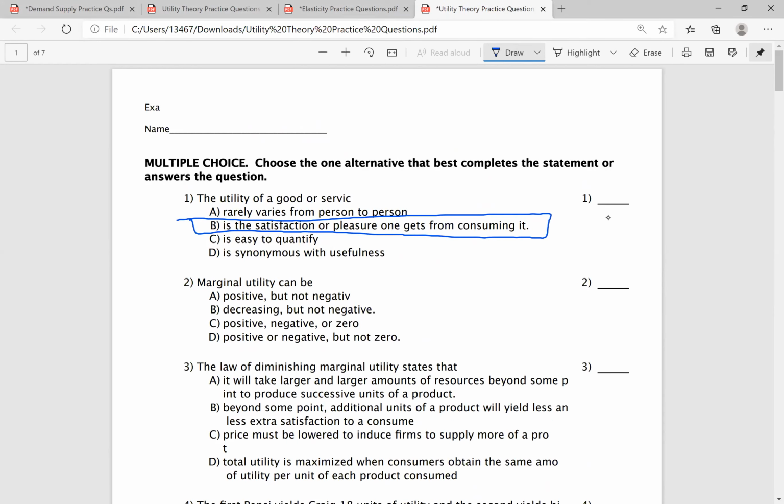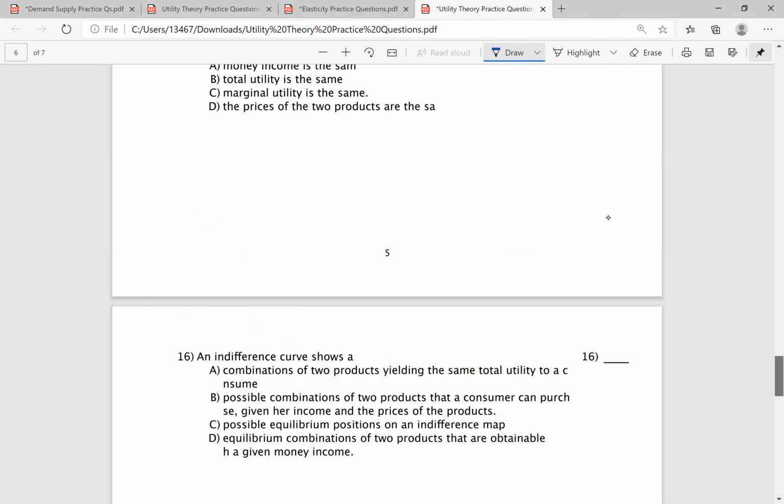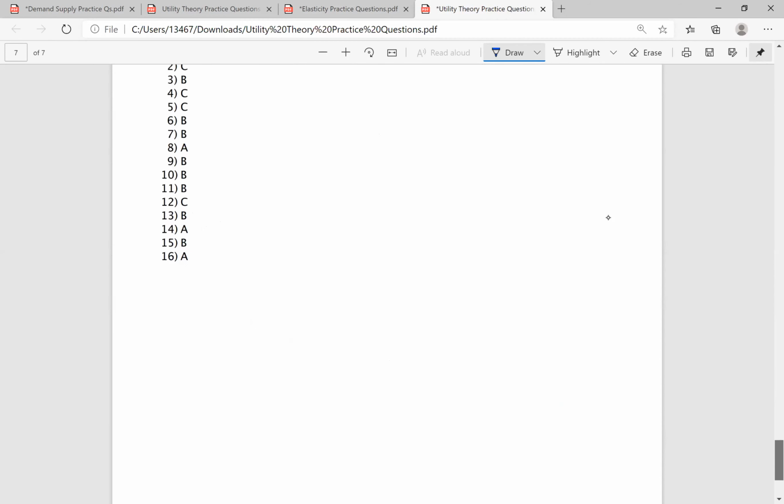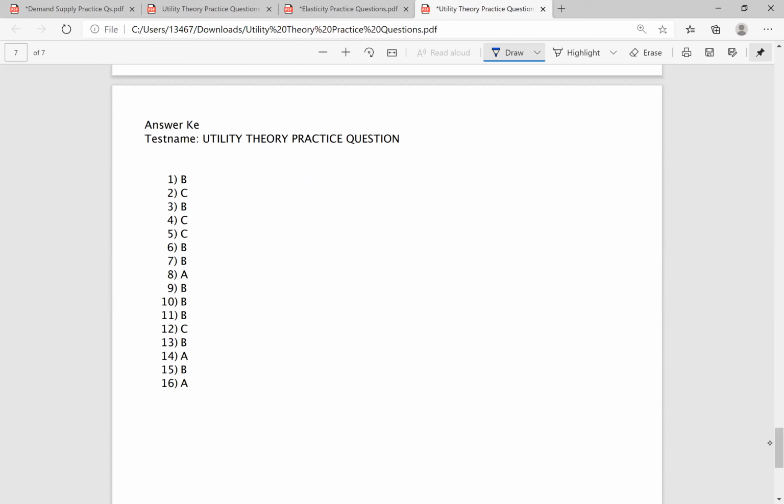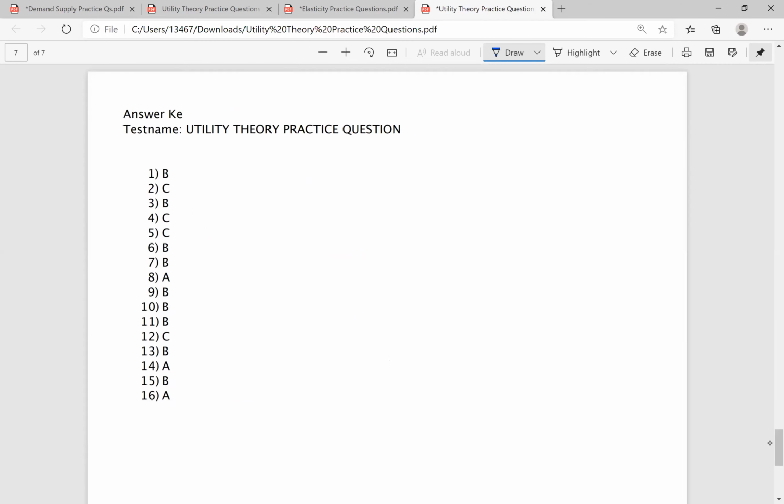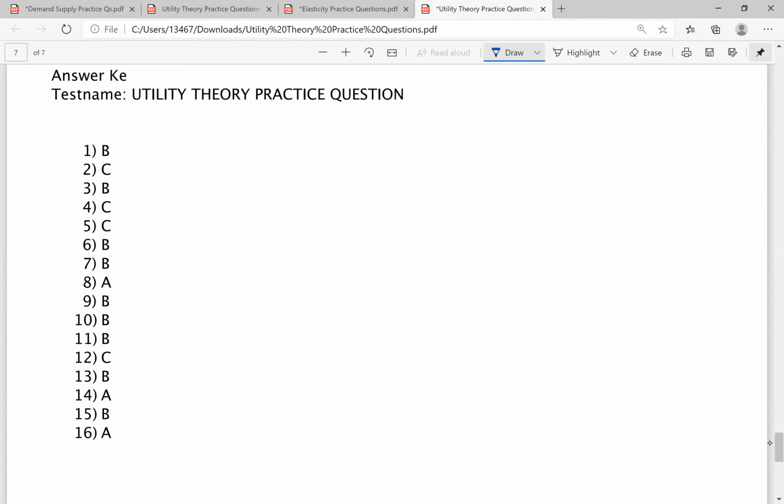Let me give you an example of utility and explain to you what is marginal utility. As before, the answers of the questions are already given. All right, let me explain the concept of total utility, marginal utility, and diminishing marginal utility.